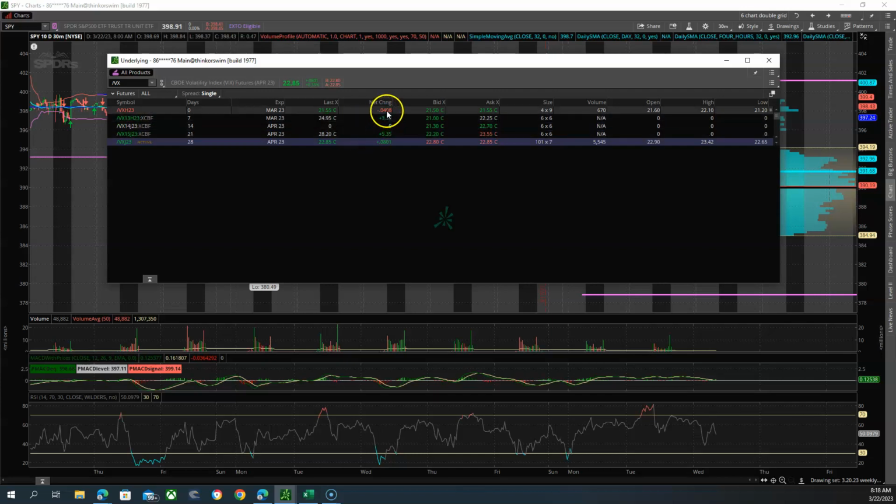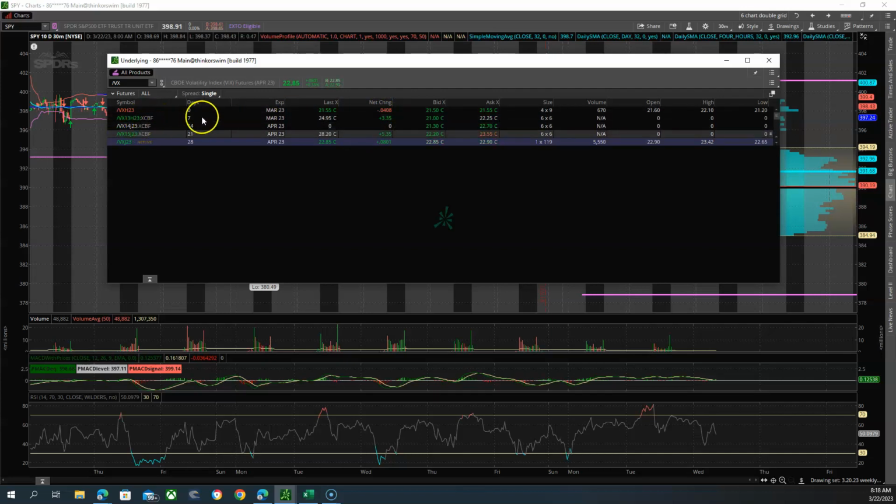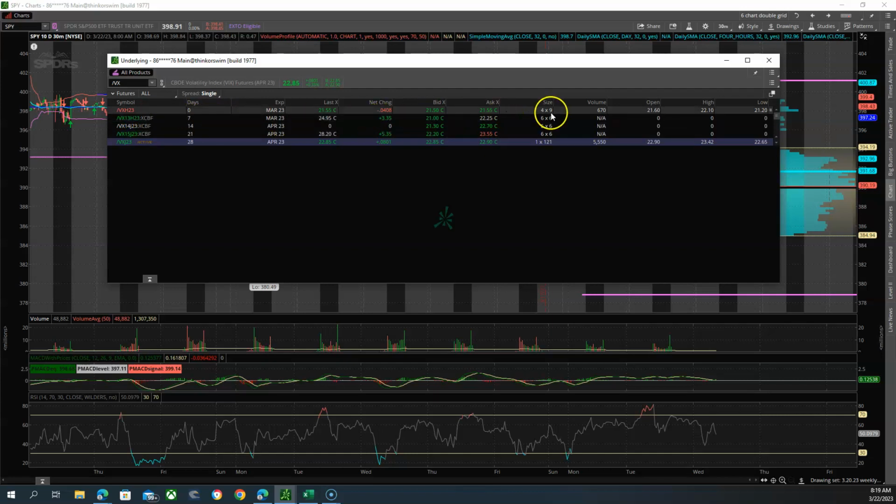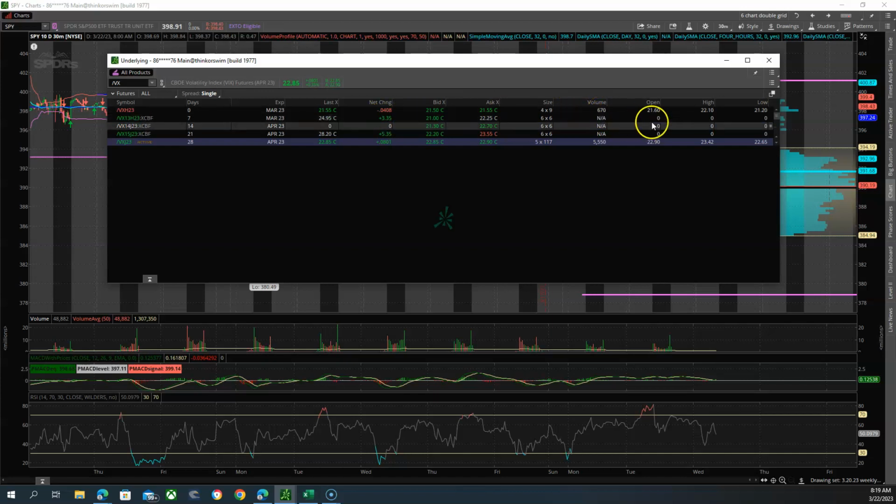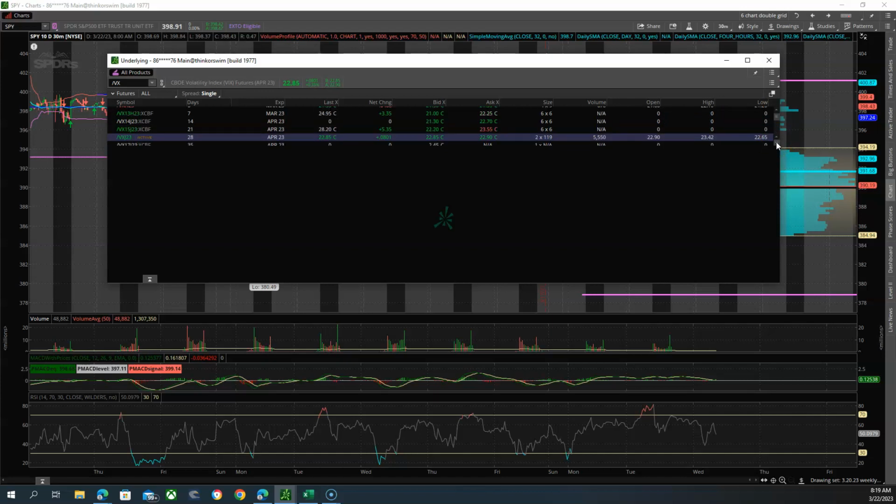So as you can see, these are the expirations on the vol futures, 7 days left. And we try to only look at the days that have volume. Let's go down a bit. The first day that has volume is the 28 days.